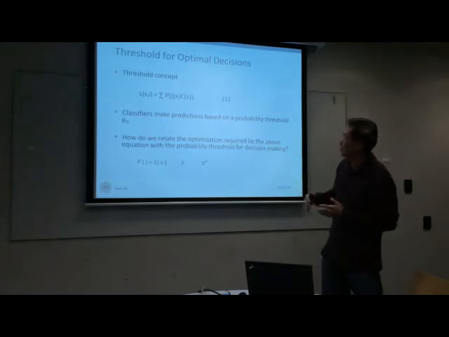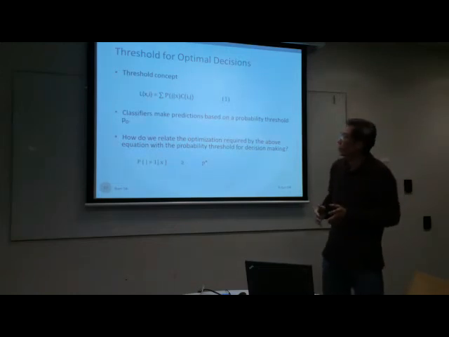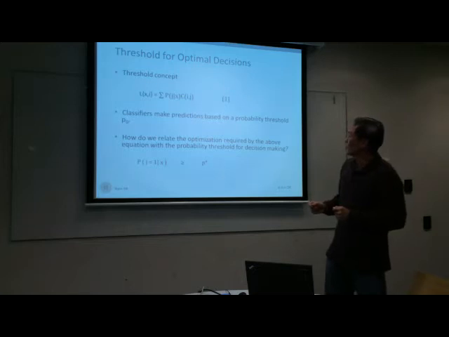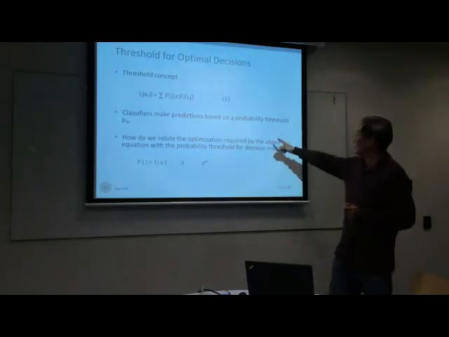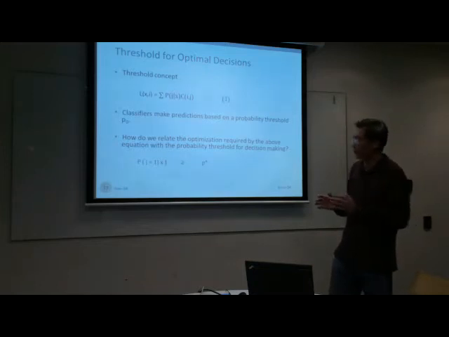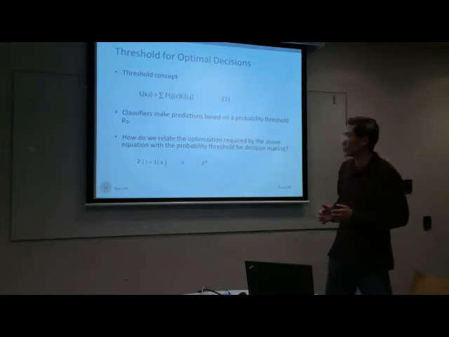The value in this equation that needs to be minimized is the cost of predicting a certain outcome. So we can see that classifiers make predictions based on a probability threshold P0, like in standard non-cost-sensitive classifiers.